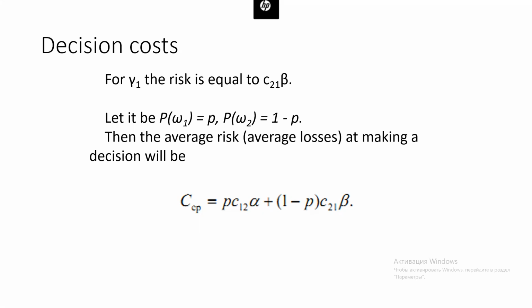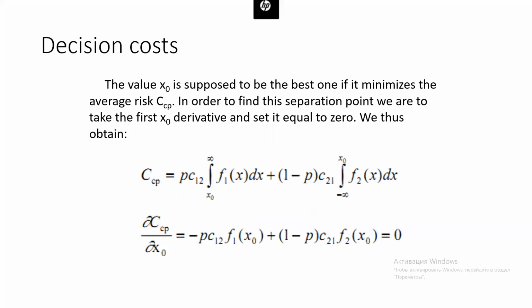Then the average risk or average losses when making a decision will be this probability that an object from class 1 occurs at the input of the classifier, multiplied by the risk of the first type error, plus the same for the second type error. And the threshold value x0 is supposed to be the best of all possible values if it minimizes the average risk.